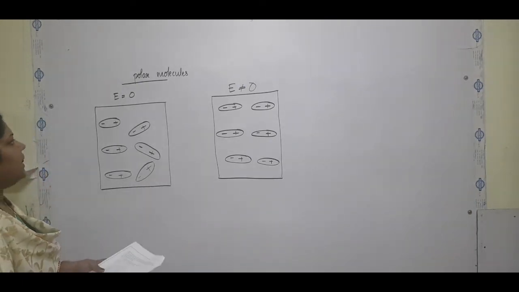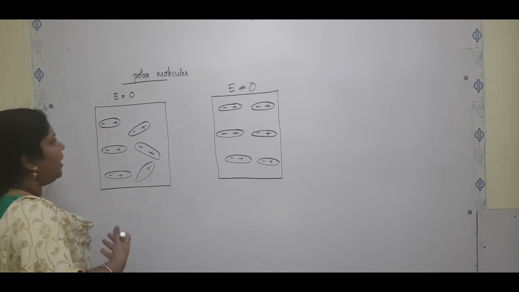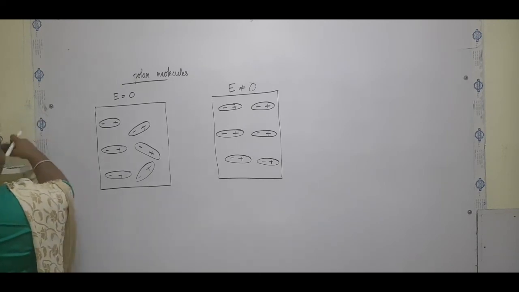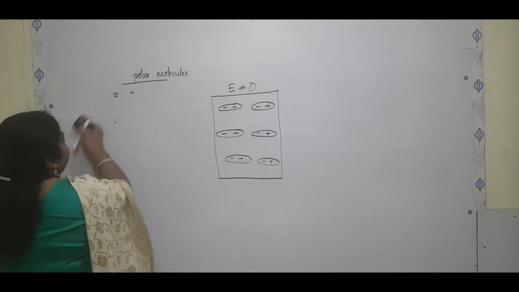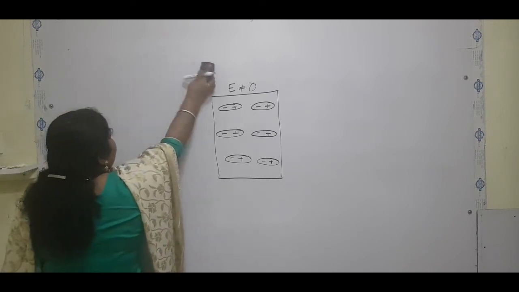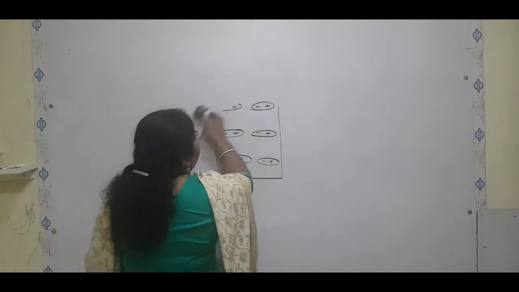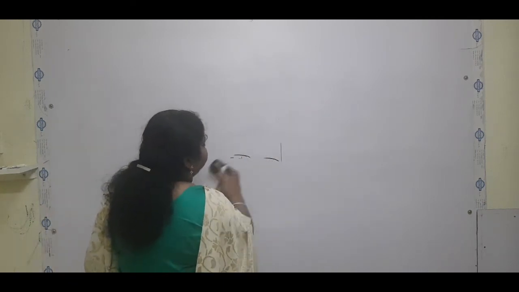Now we are going to take a dielectric slab and see how it behaves when we apply an electric field. We are going to see a dielectric in the presence of an electric field.